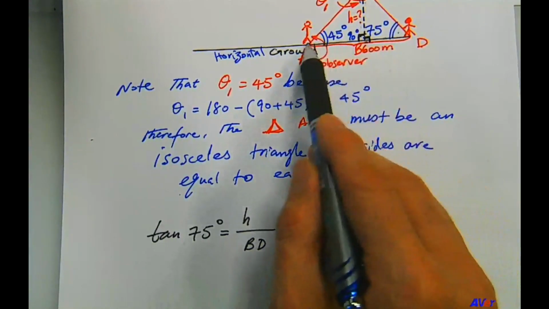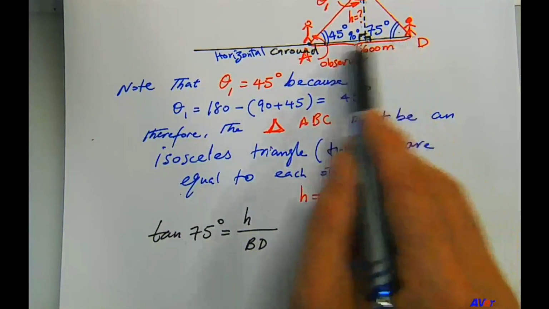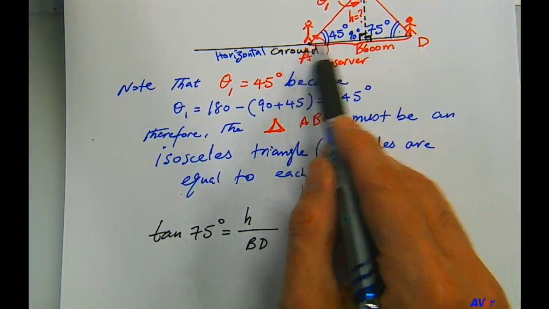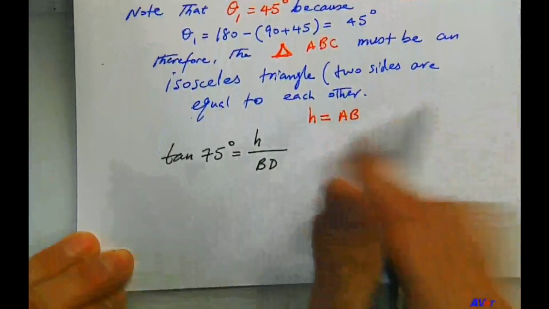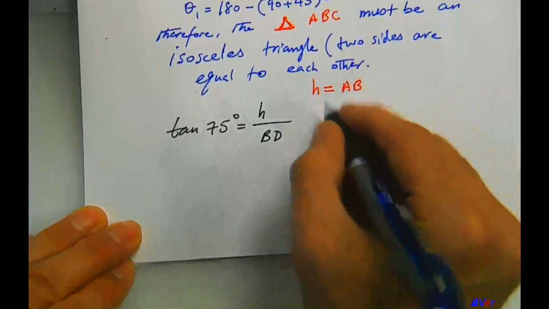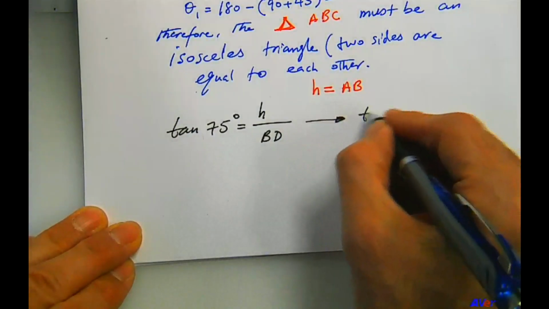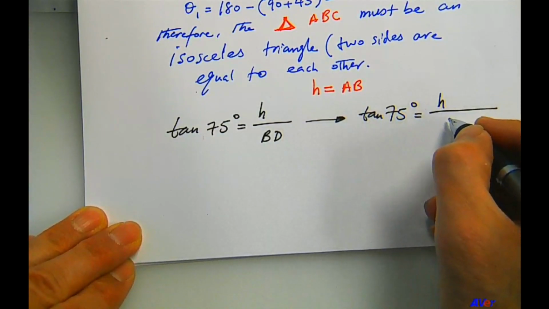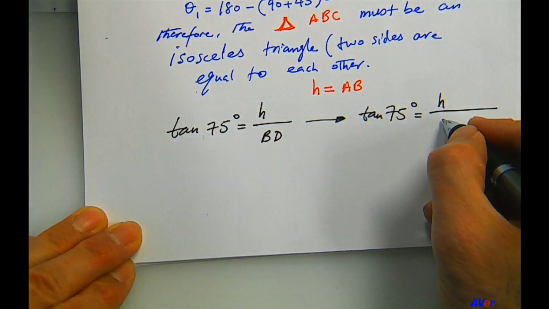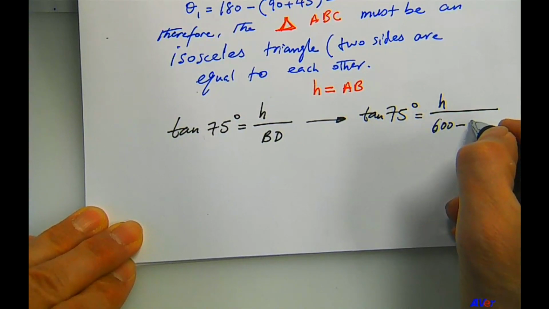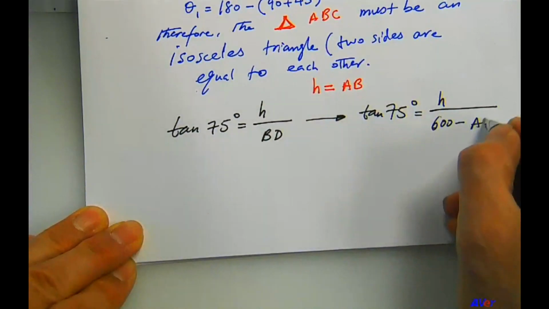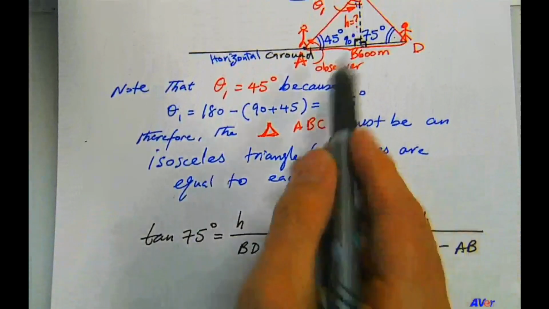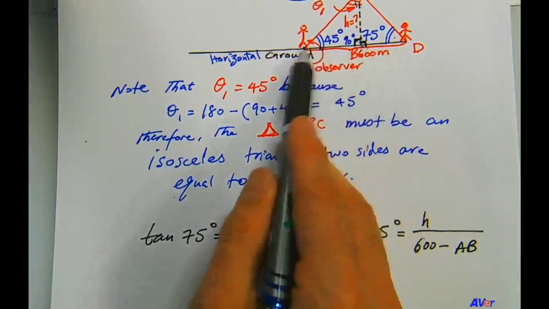BD is equal to the entire length of this distance, 600 meters, minus AB. So let's replace BD with that. So tangent 75 degrees is equal to H divided by 600 minus AB, right? BD is equal to 600 minus AB.